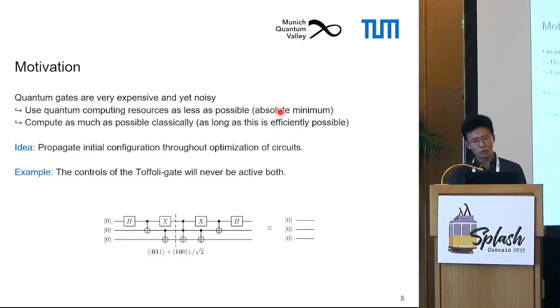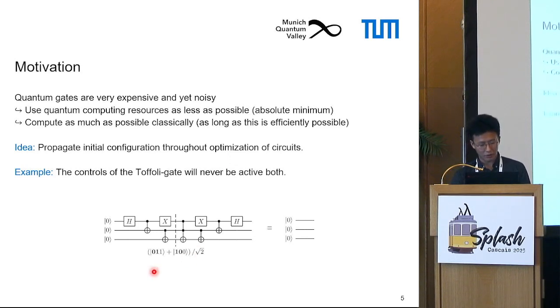Let me give you a very toy example. If we have an initial configuration of all ket 0 state, and we propagate this information to the point indicated by this dashed line here, then you can see that the middle gate is actually redundant.